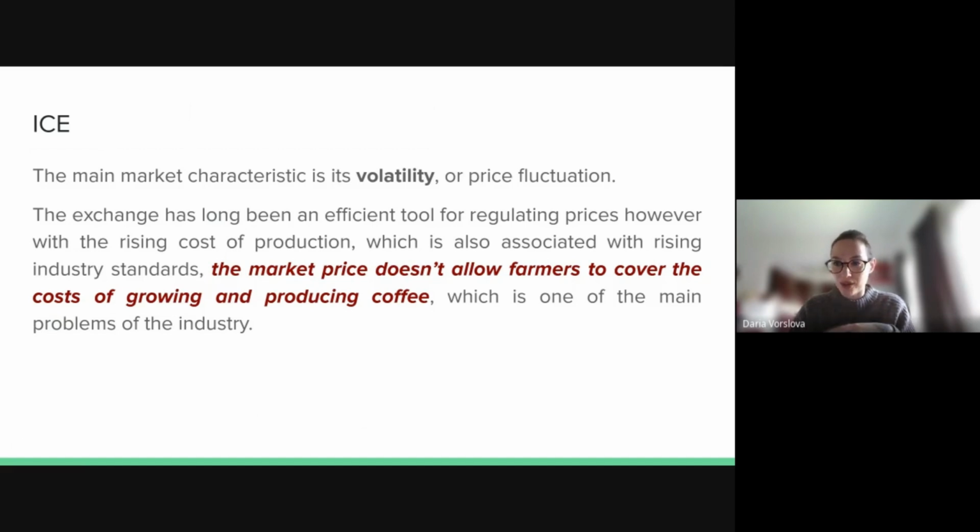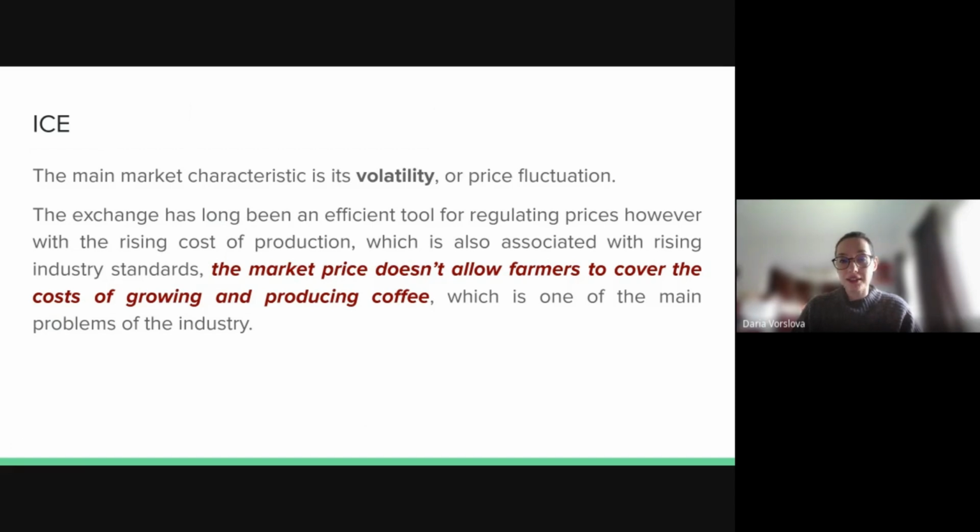Because you still need to run a coffee shop, you need to pay a salary, buy paper cups, pay for electricity and all that stuff, right? So you have a cost of production. So it's kind of fair if you set a price for your products. But on the farmer side, for years, for decades, it worked differently.